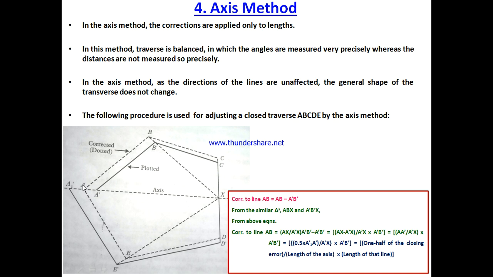Because we know this point A, we will extend this dotted line up to such an extent that when we draw a line XE dash, the intersection point will come somewhere here, and we will name this point E. After locating the axis of this traverse, AX, I have plotted the corrected stations by joining this X point to the different stations.